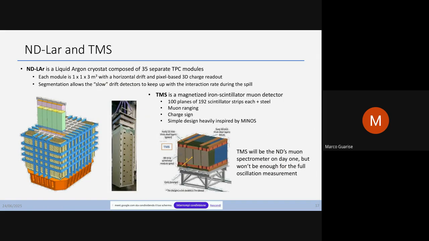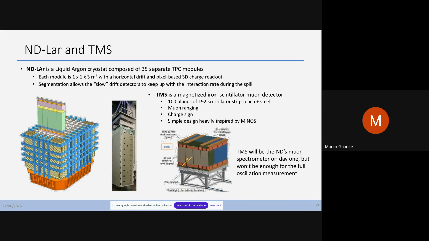So NDLAr and TMS form this PRISM, which is the movable detector. NDLAr, as the name suggests, is composed of liquid argon time projection chambers, many modules.